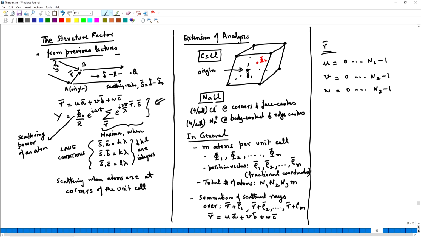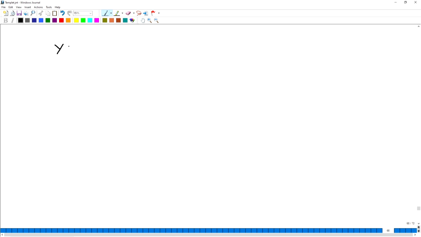Now, the wave disturbance at the point Q can be written as e to power i omega t divided by r, summation over all the r vectors, and now I cannot have the scattering power outside the summation, because the scattering power itself is now going to be dependent on the m different atoms that are present.